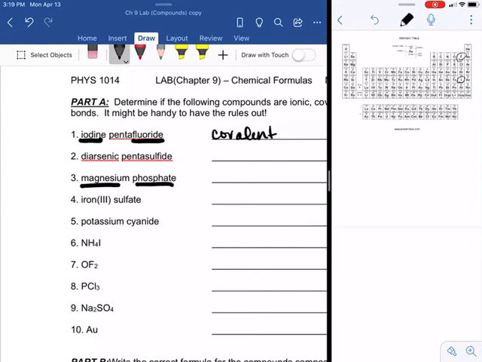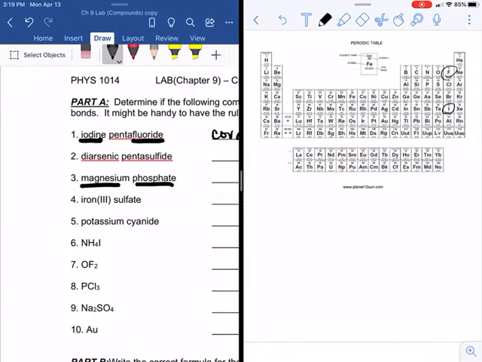So let's do magnesium phosphate. Magnesium's over here, so it's on the left side of the periodic table, so this is going to be a metal. And phosphate, see this ate right here? You're not going to find phosphate on the periodic table because ate is a good clue that you're talking about one of those polyatomic ions from that table 9.3.